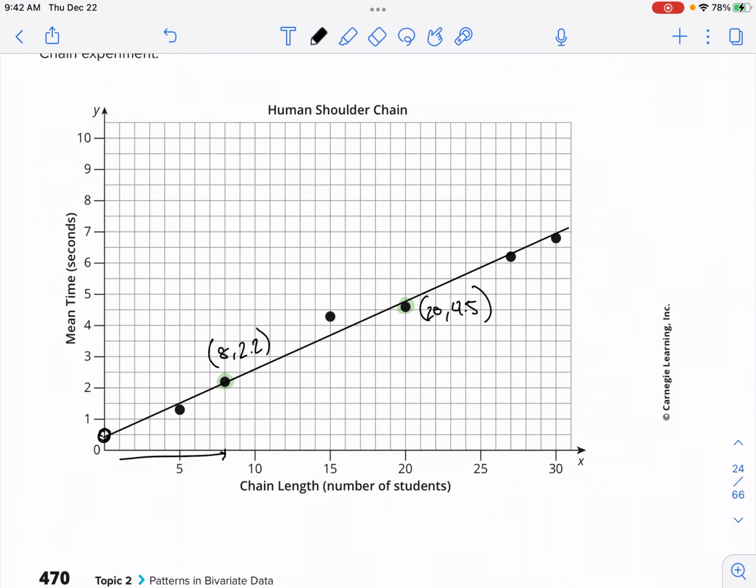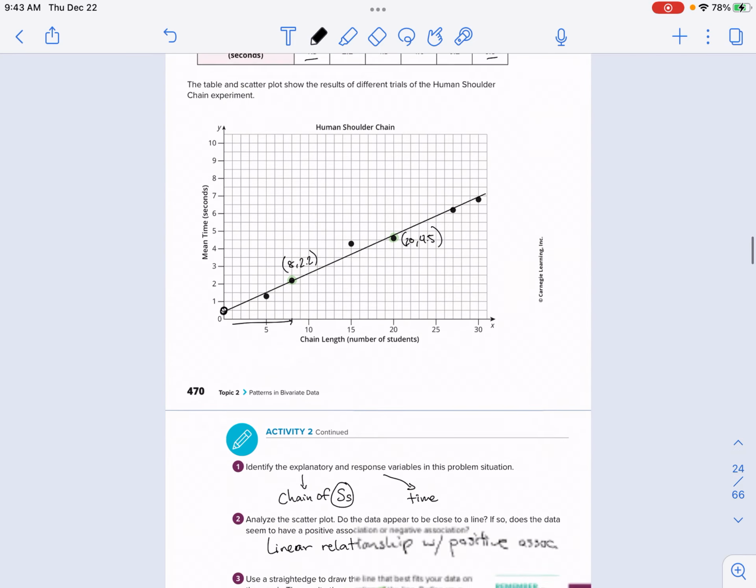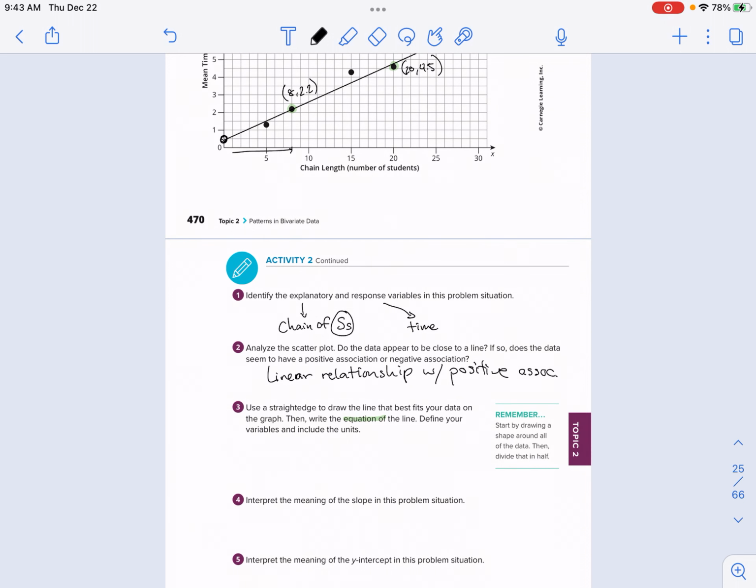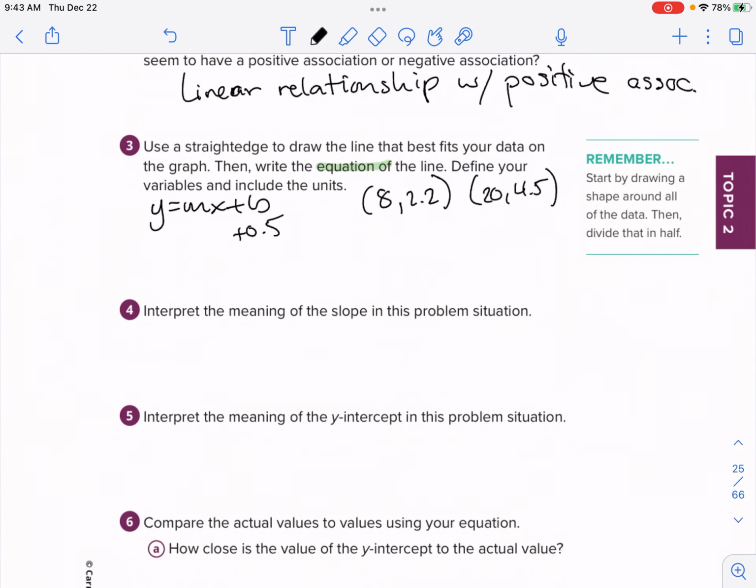Let's use both of those points to find the slope. In slope-intercept form, y equal to mx plus b, we know that the b is roughly 0.5. Let me rewrite it: 8, comma 2.2 and 20, comma 4.5. Let's figure out our slope. y2 minus y1 is 4.5 minus 2.2, over 20 minus 8.